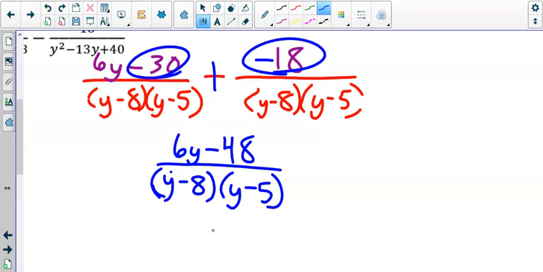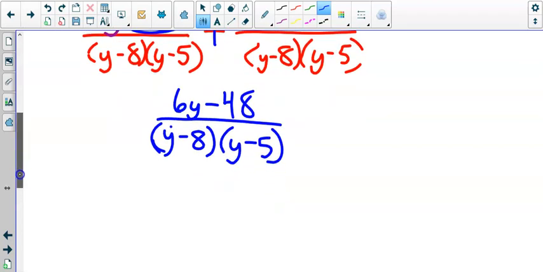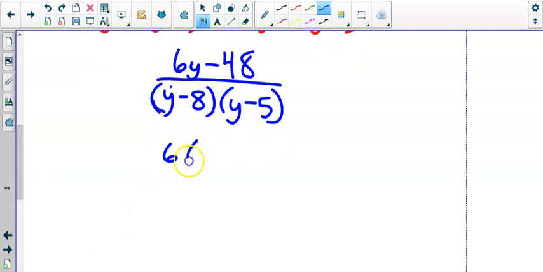All right. And last but not least, we need to make sure that there is no reducing, no simplifying. So the denominator's factored. What do we also have to check? The top. So the question is, does this top 6y minus 48 factor? Yes. What's coming out? A 6. It's a GCF in the numerator. We got to pull out that 6 and see if anything is going to cancel.